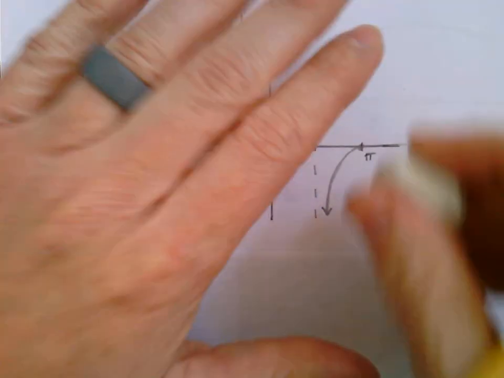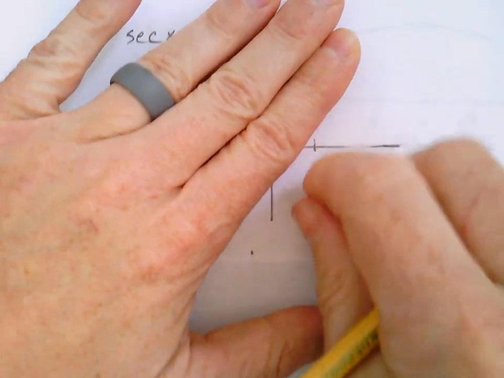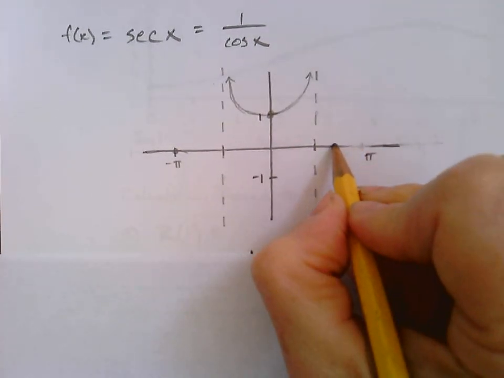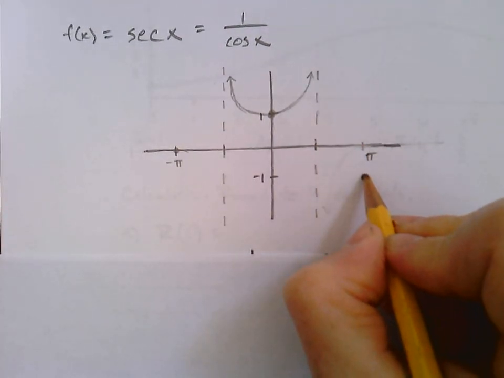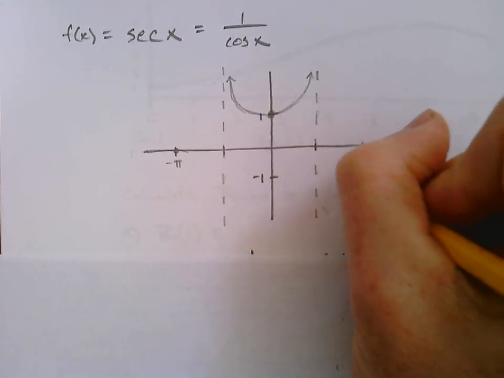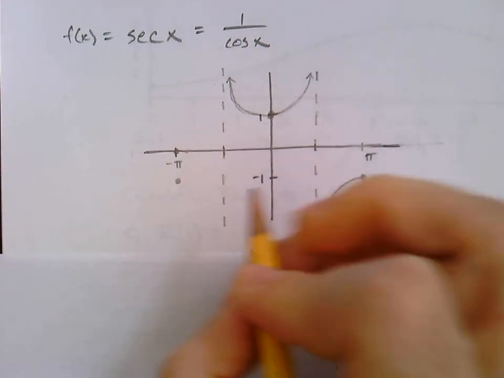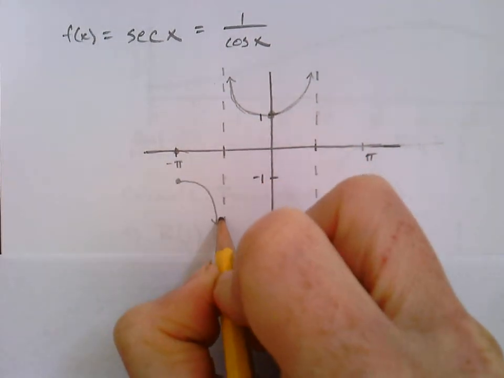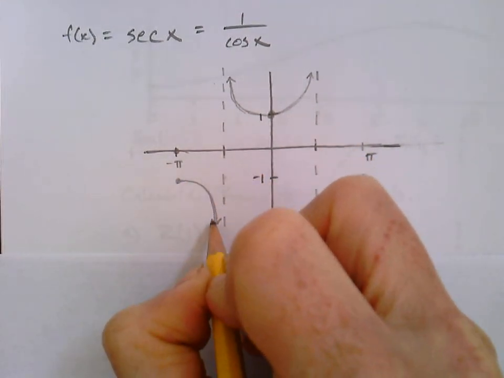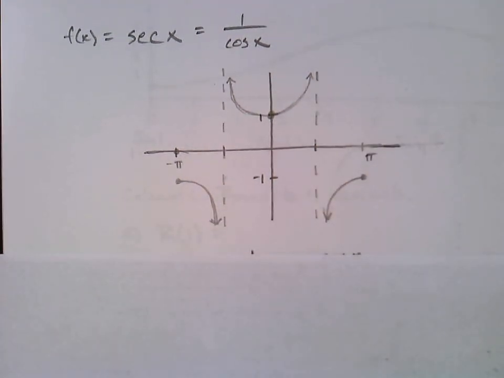Oh, my mistake. What am I doing? There we go. This is how we typically think of one period of secant x.